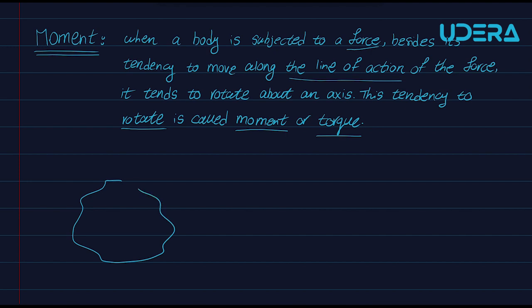In a rigid body like this, if O is the point that the axis of rotation passes through and a force like F is exerted, the rotation occurs when there is a non-zero distance between the point O and the line of action.